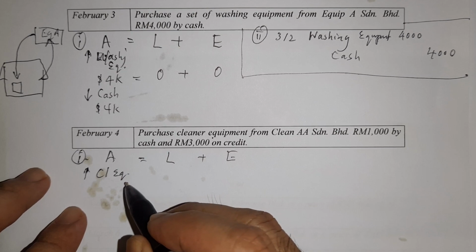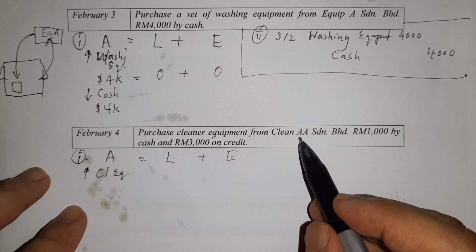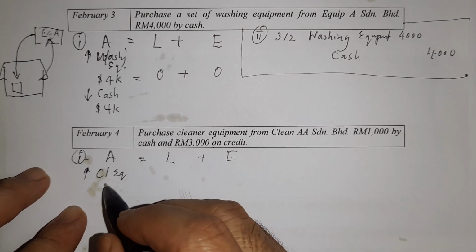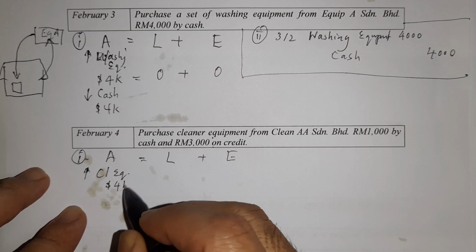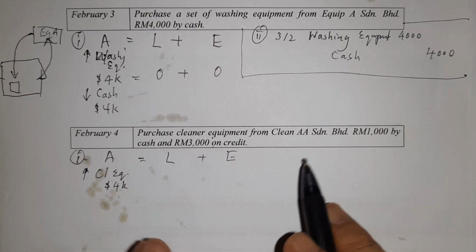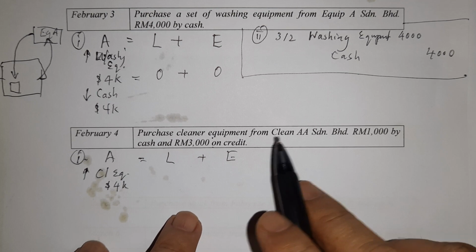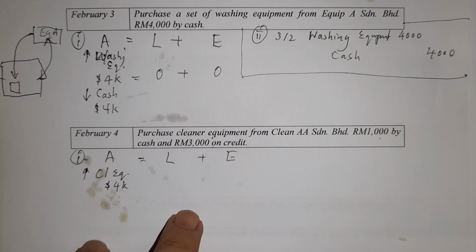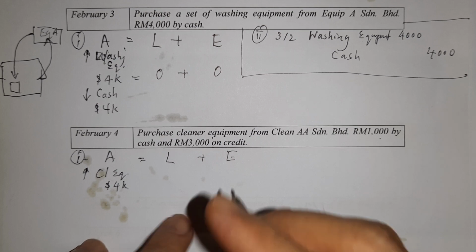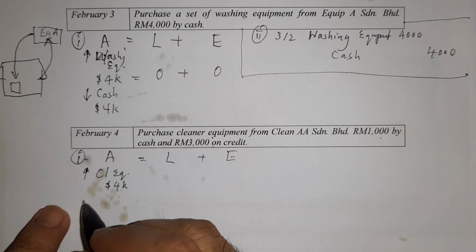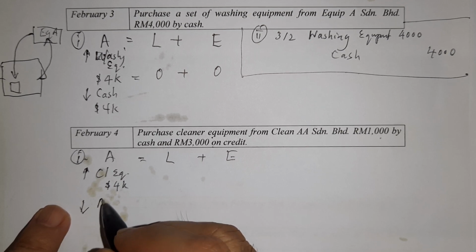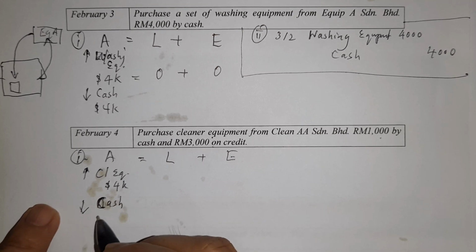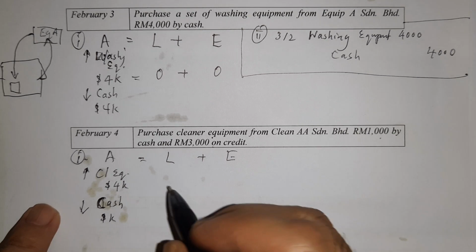The value of the cleaner equipment is 1,000 plus 3,000, which is 4,000. And then when the business purchased the cleaner equipment, the business paid 1,000 cash. It means that 1,000 of asset cash goes out from the business. So the second effect on the equation is asset decrease. The name of the asset is cash. Asset cash decreased by 1,000.